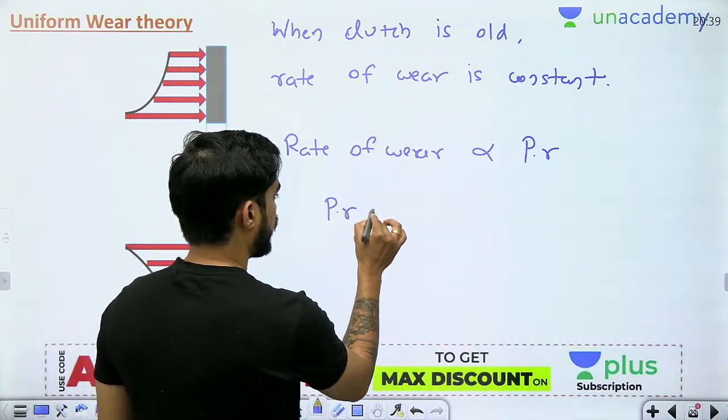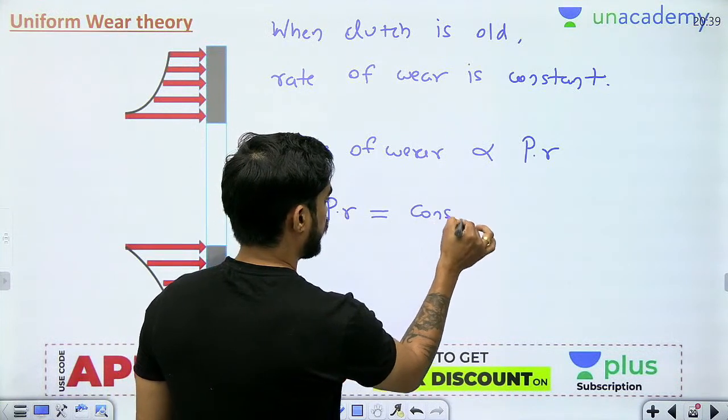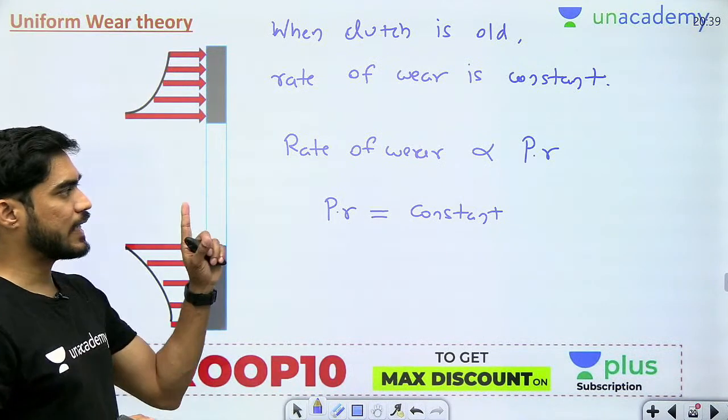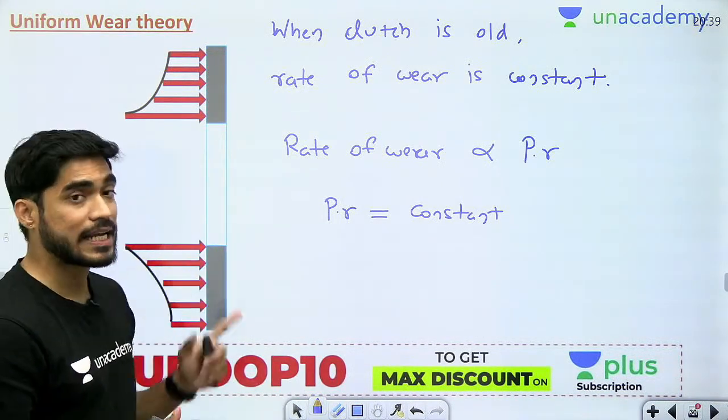P is not constant, but P into R is constant.